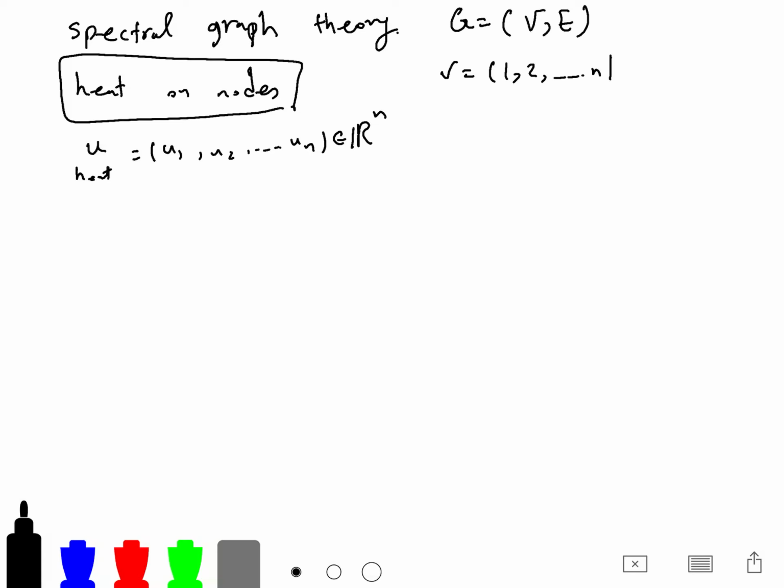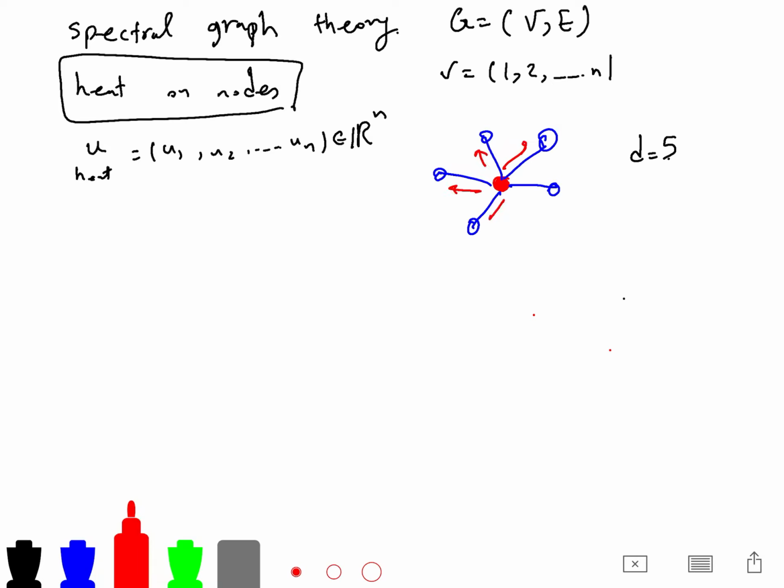For example, if your degree d is 5, this heat node propagates the heat to 1, 2, 3, 4, 5. So it's like a heat equation, and it propagates further, distributing heat to very cold places.